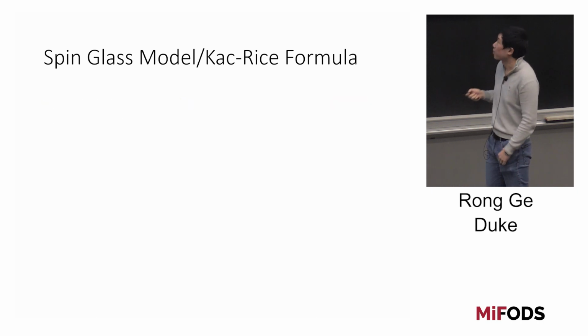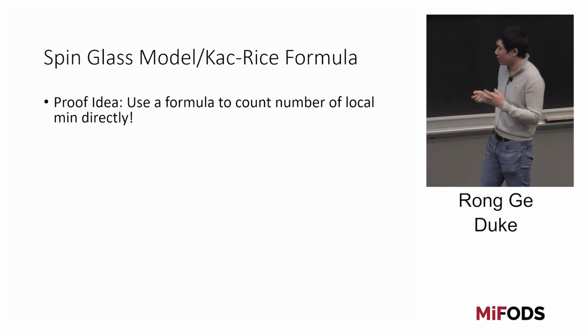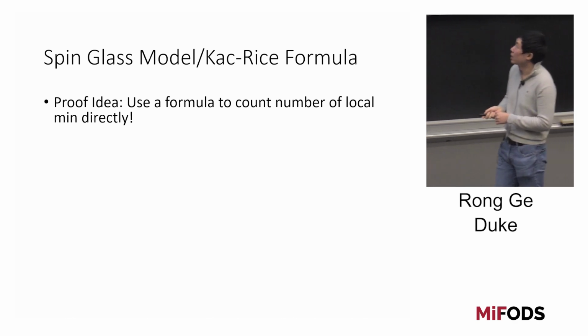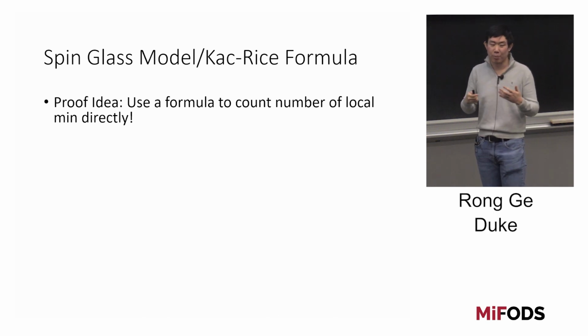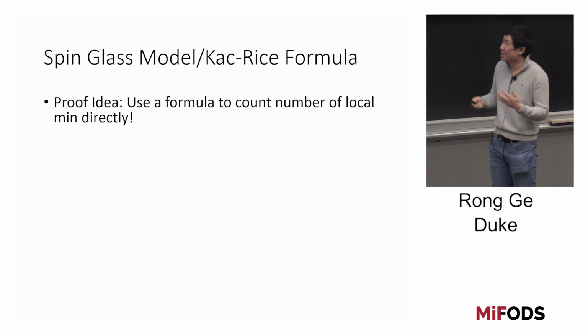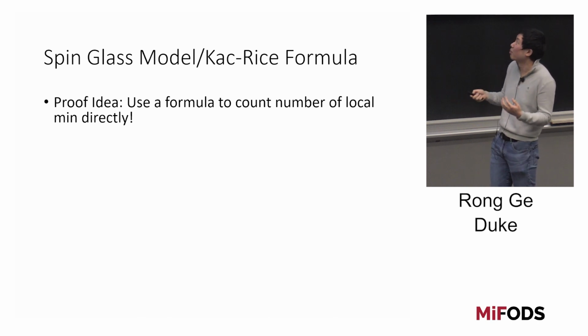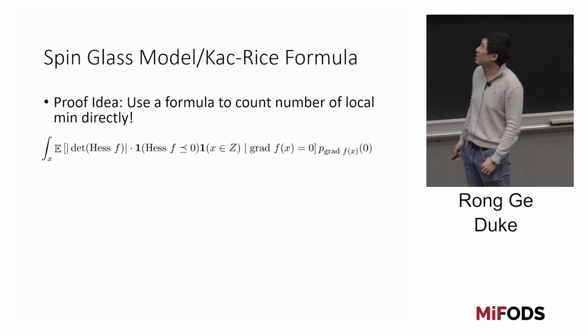Okay, so the proof idea for this kind of phenomenon is they actually use a formula to count the number of local minima that satisfy a certain property directly. And this might seem very surprising. How can you use a single formula to count the number of local minima? But there is indeed such a formula.